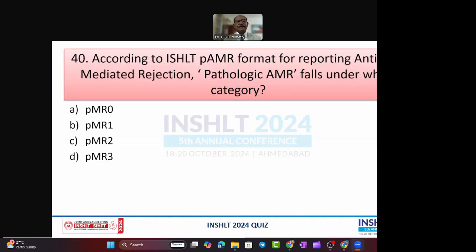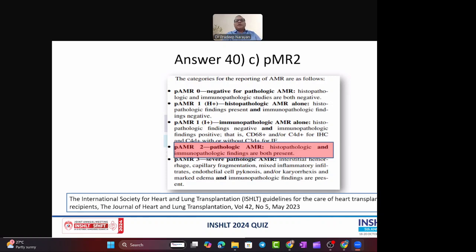According to ISHLT, pAMR format for reporting antibody-mediated rejection, pathologic AMR falls under which category? So pathologic AMR, I don't know if we are familiar with the term. It is antibody mediated rejection, and it falls under category 2.